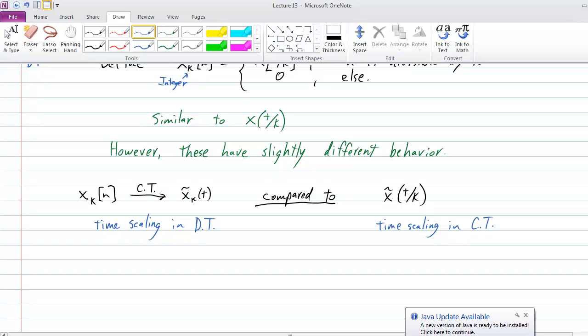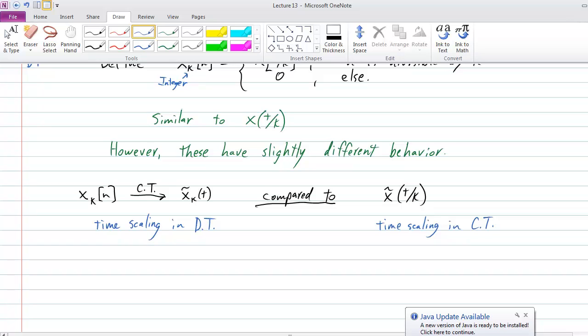We're going to say that it equals the sum, k equals negative infinity to infinity, of a_k delta of f minus k f naught, where f naught equals 1 over T. All right, so this is very similar to what we were doing to represent discrete time in continuous time.